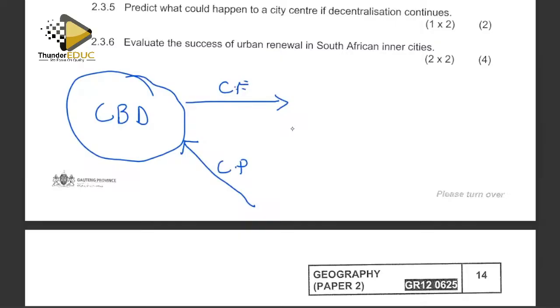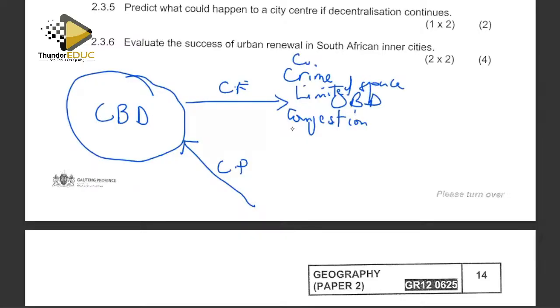What are the likely events that are likely to repel activities from the CBD into the outlying business district? We look at things like crime, congestion, limited space, and competition.